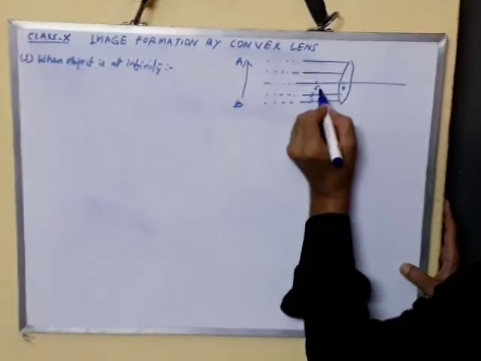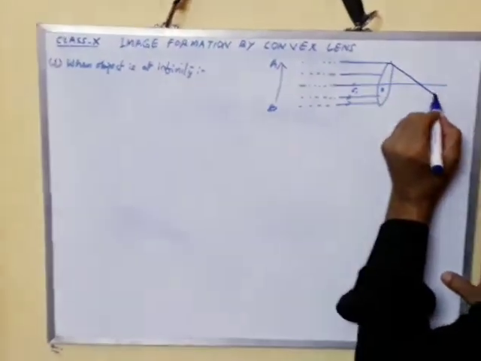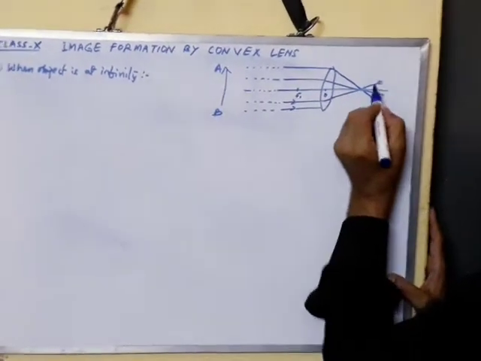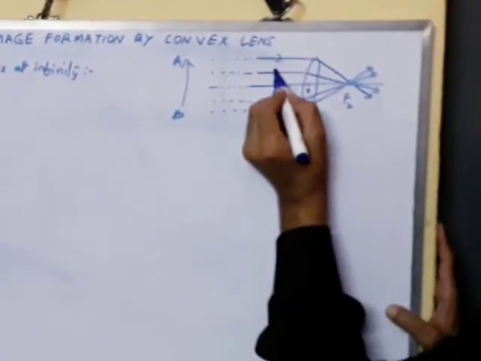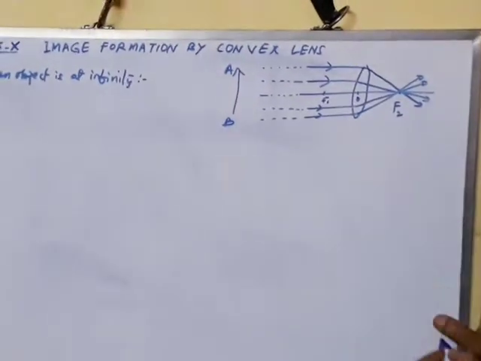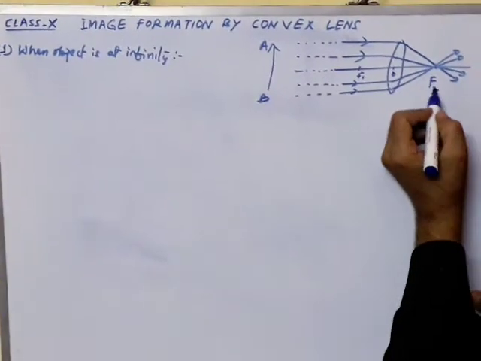After refraction, they will converge and meet at the principal focus. So we get a point size image at f2. You may trace the ray diagram like this. All the refracted rays intersect at f2.